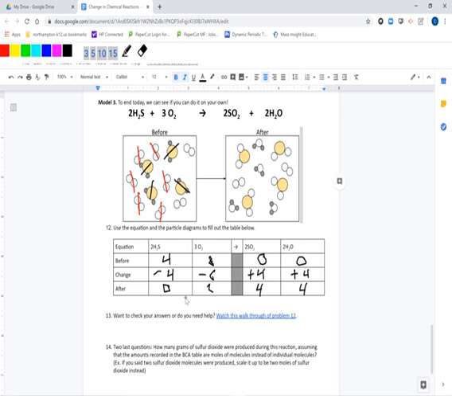We could say we started with 4 moles of H2S and 8 moles of oxygen, and then we created 4 moles of SO2 and 4 moles of water.